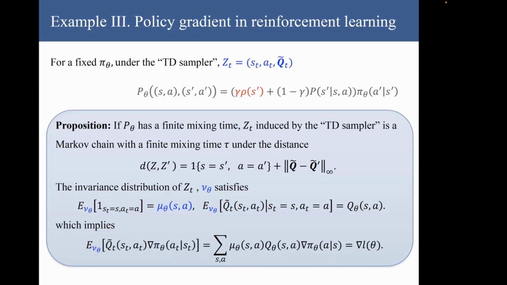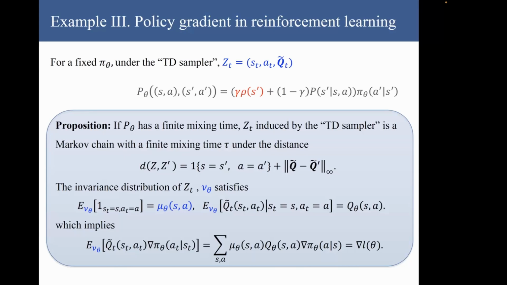More interestingly, the invariant distribution of this enlarged Markov chain has the following nice properties. First, the marginal stationary distribution of S_t and A_t is exactly the occupancy measure that I'm interested in. And the marginal distribution of this Q function, according to this V_theta, is equal to the Q function I want under the policy pi theta.